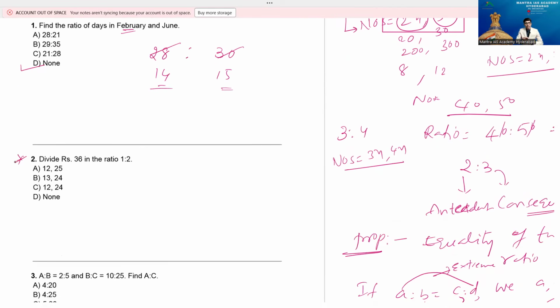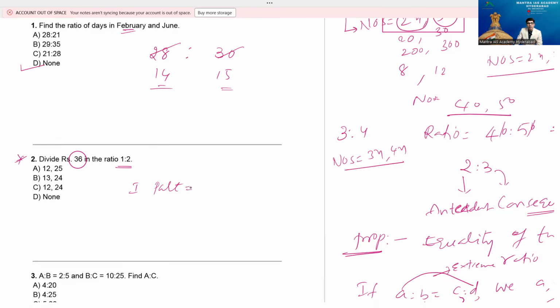Then the second question is important here. Divide rupees 36 in the ratio of 1 is to 2. We have to divide an amount of 36 rupees in this ratio. That means the first person should get one part, the other fellow gets two parts. So the second fellow gets more than the first person.